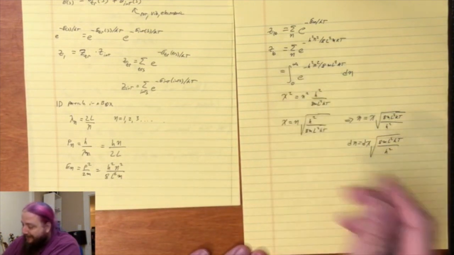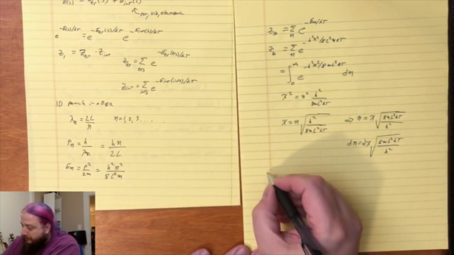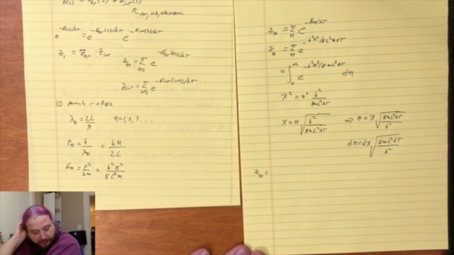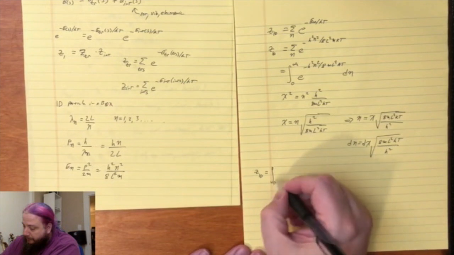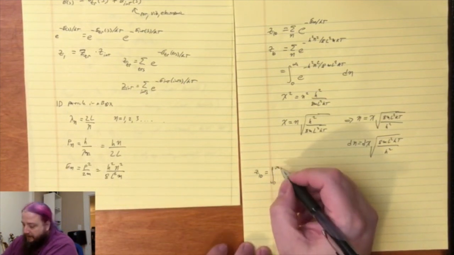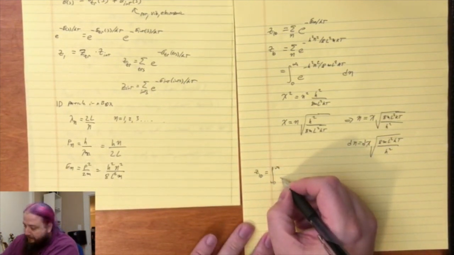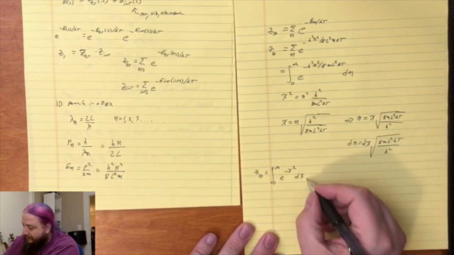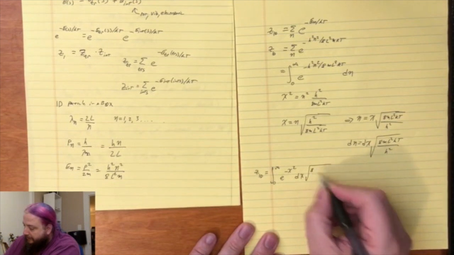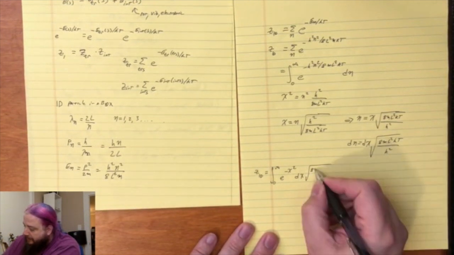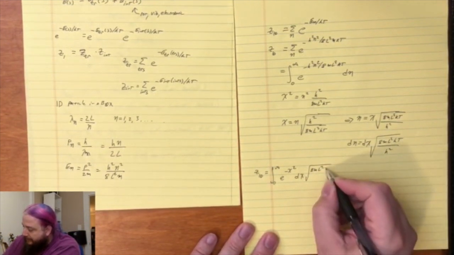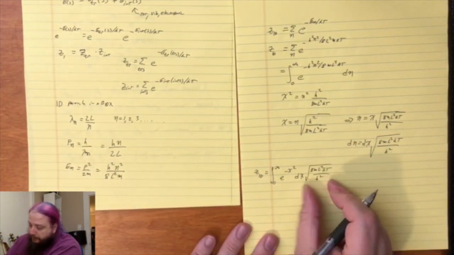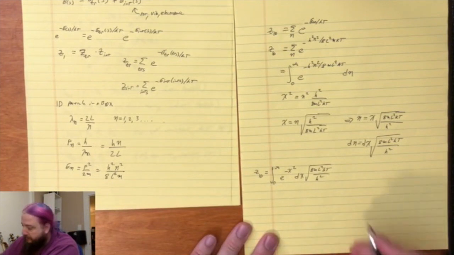Therefore, plugging these things back into our integral, our one-dimensional single particle partition function is the integral from 0 to infinity of e to the minus x squared dx times this square root of 8ml squared kT over h squared, and we can pull the big ugly constant out front.